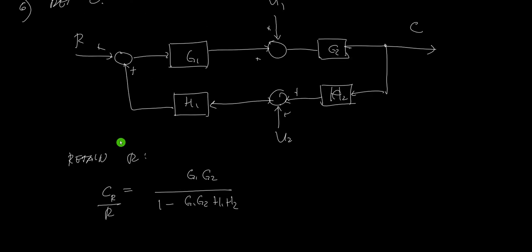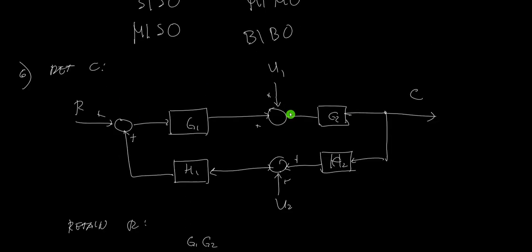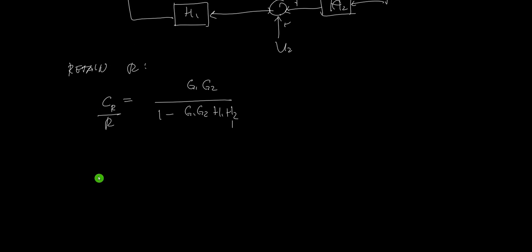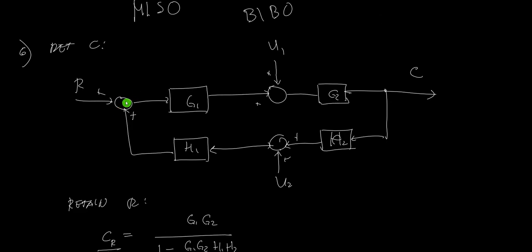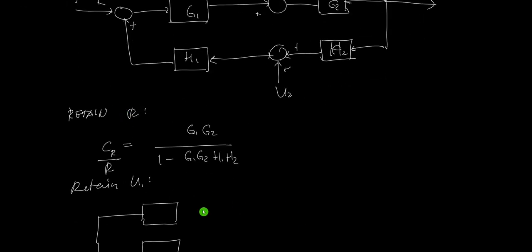Next we repeat the process, but this time we remove R. If I remove R, this will be a straight line. And remove U2, so retain U1 and solve for C. If I redraw this, this will be removed, and this will be the only input, U1.